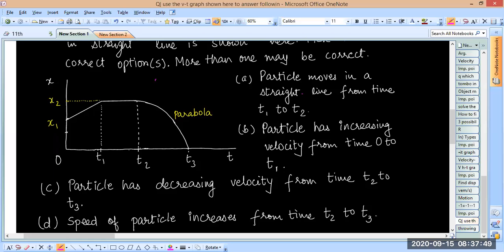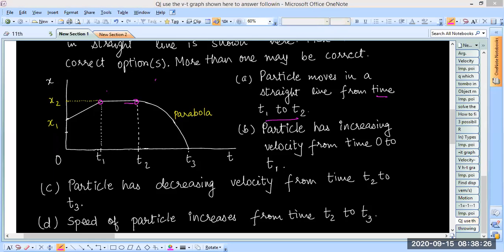Now, the particle moves in a straight line from time t1 to t2. Have a look here. This graph, right? What's the shape of the graph between t1 and t2? Straight line, but what kind? Yes, horizontal line. Very good. Falak, horizontal is better. Now you have grown up, right?